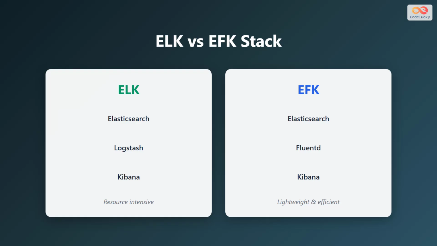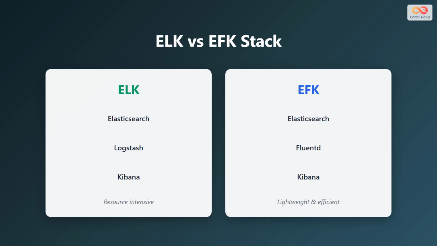There are two popular logging stacks available: ELK and EFK. The ELK stack uses Logstash as its log collection component, while EFK uses Fluentd. Both stacks use the same Elasticsearch for storage and Kibana for visualization. The key difference lies in the log collector. Logstash is feature-rich but resource-intensive, requiring significant memory and CPU.